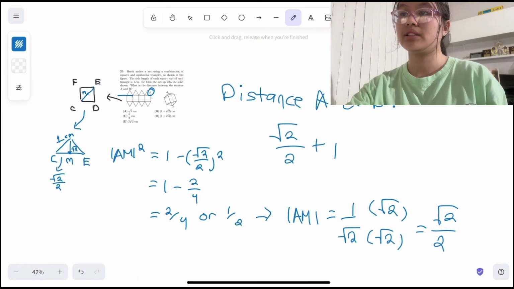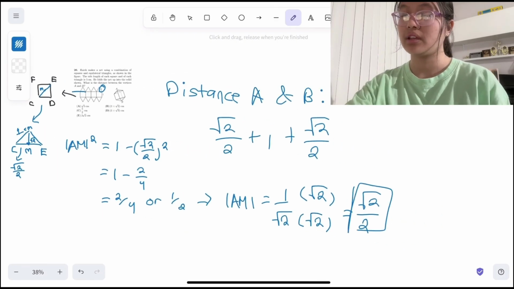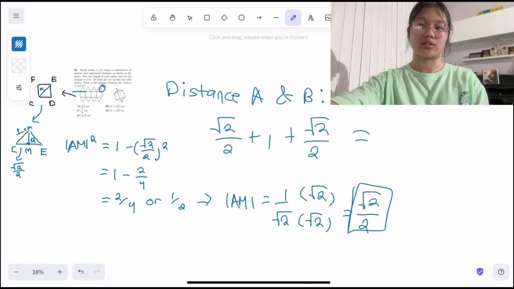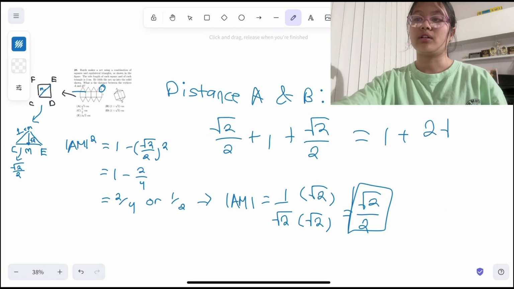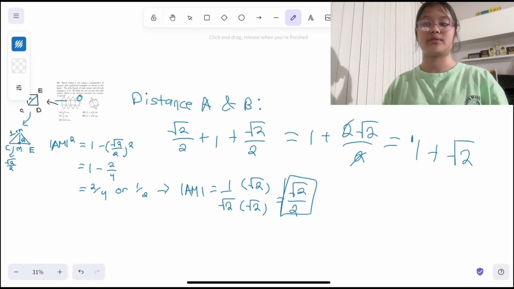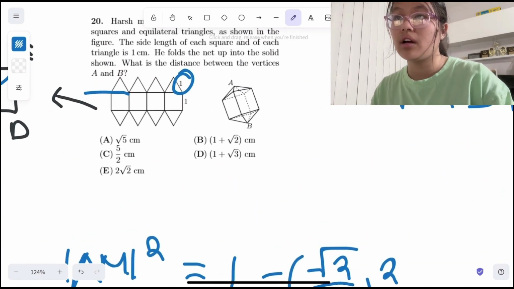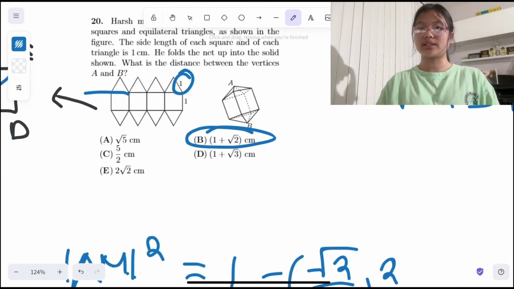And that is basically 1 plus 2 times square root 2 over 2. To simplify that further, we can cross out 2 on both the numerator and denominator, and that's 1 plus square root 2, which is our answer. And we can find this answer on B. So that is our answer.